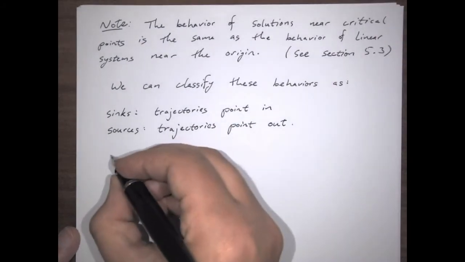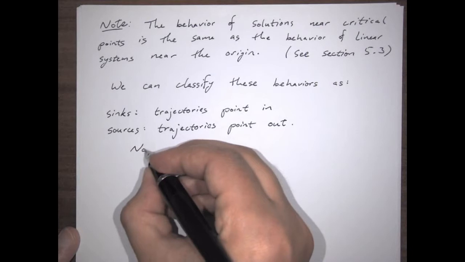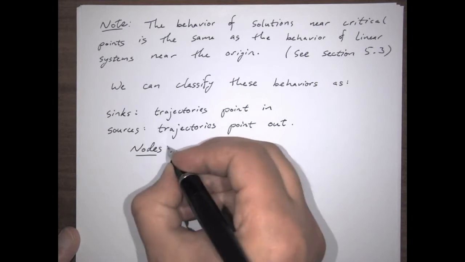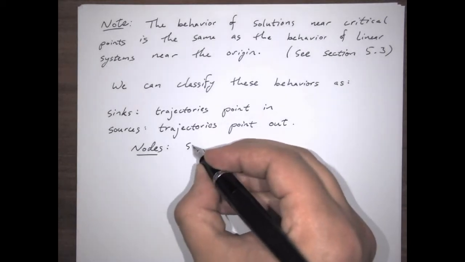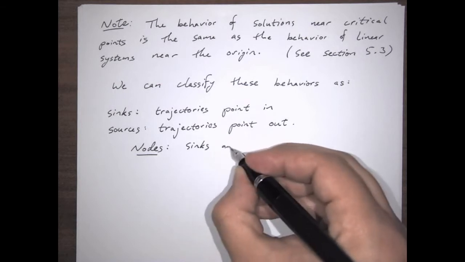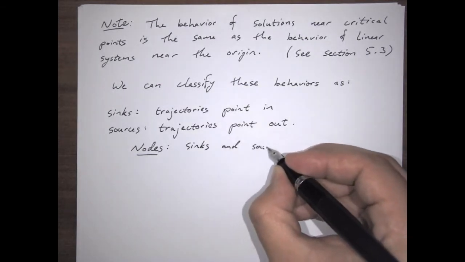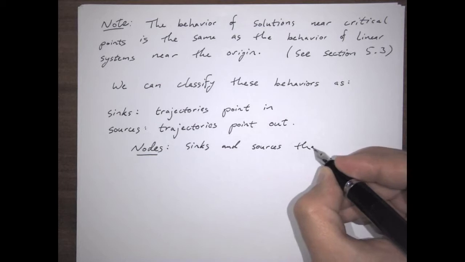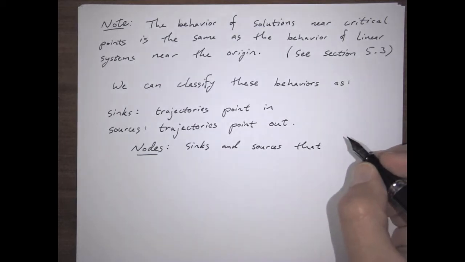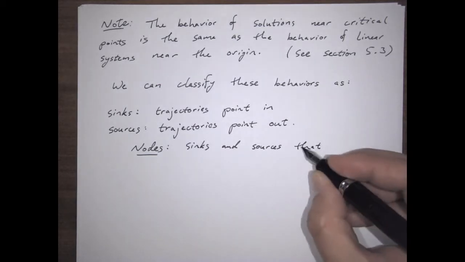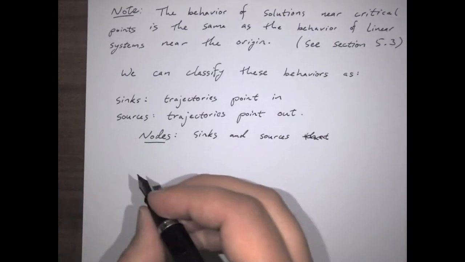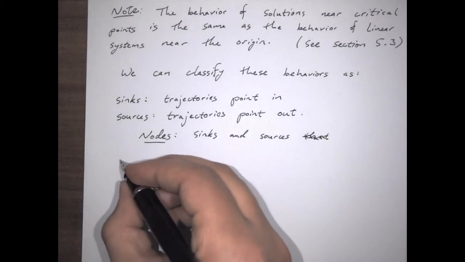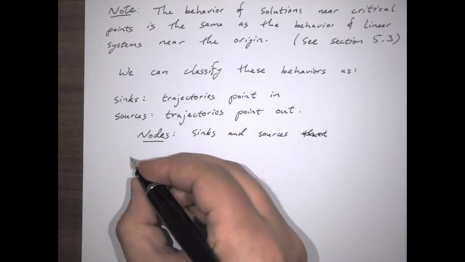We can call them specifically nodes if they are a sink or a source that is just a point. I'll just call sinks and sources. Nodes are sinks and sources, and then we can call them proper versus improper, just as before.